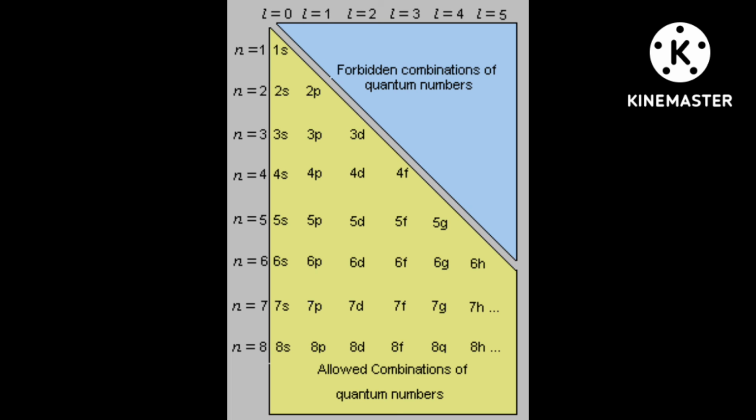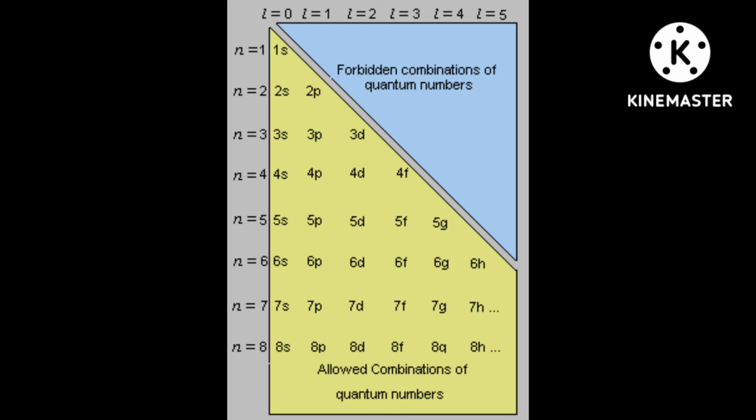If n is equal to 2, then 2 subshells. If n is equal to 3, then 3 subshells. If n is equal to 4, then 4 subshells. Correct? I already told you, don't get confused. Very easy. After practice, you can understand better.